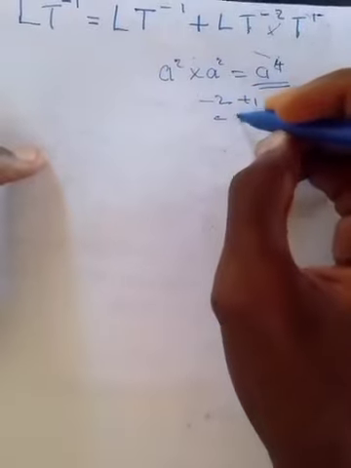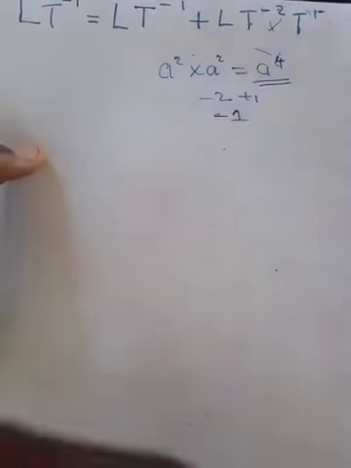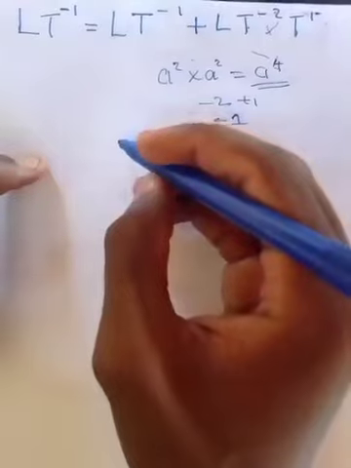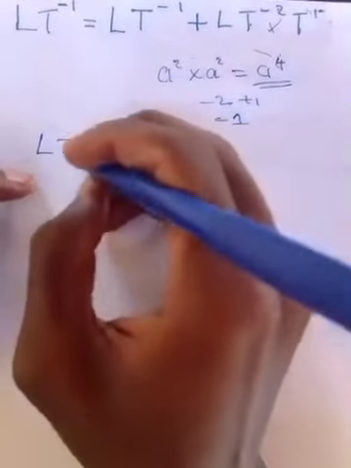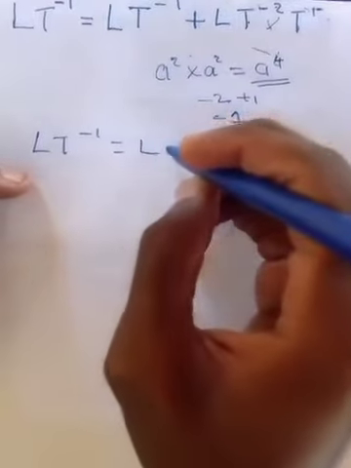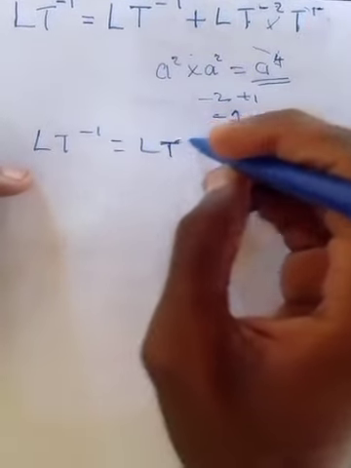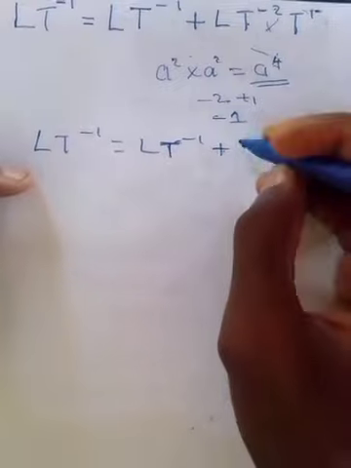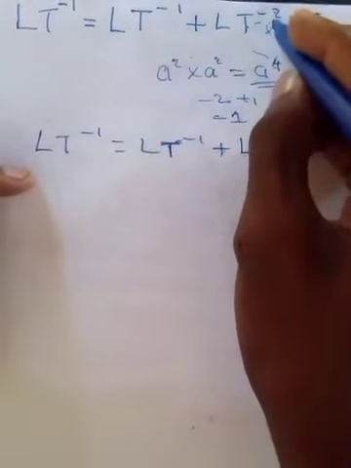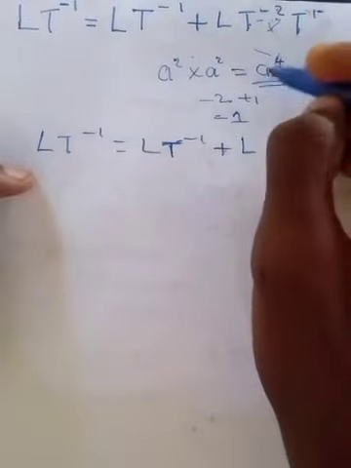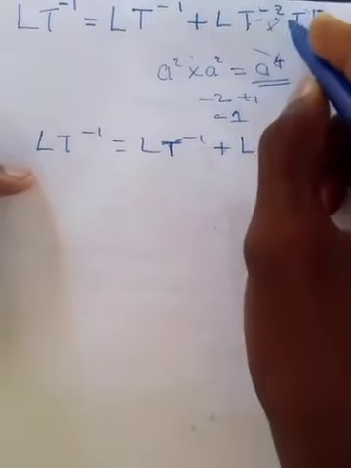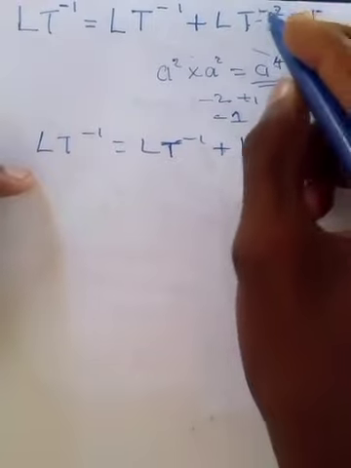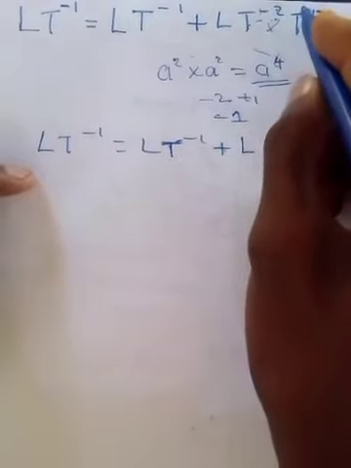So meaning that you're just going to write LT to the power negative 1 is equal to LT raised to the power negative 1 plus, here you're just going to write t, because you have already done what I just did here. You only write one base, not the two of them again, because this time you join them. So you're just going to write t raised to the power.